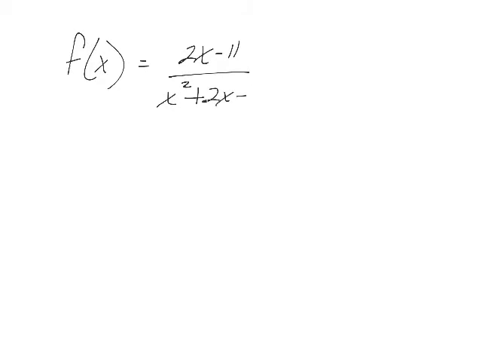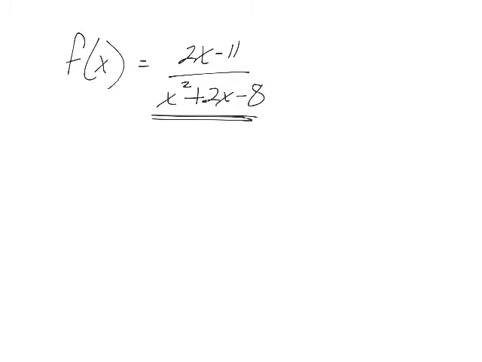It says for a rational function, f of x equals p of x over q of x, so it's a polynomial on top and a polynomial on bottom, if a is a 0 of the denominator, then the line x equals a is a vertical asymptote. So what it's saying is if we can find out what the zeros are, or what makes the denominator undefined, that will tell us what our asymptotes are.